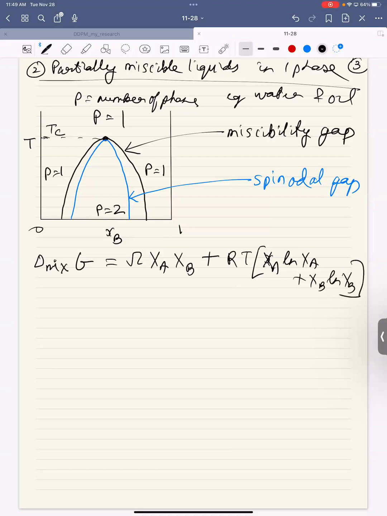And we are now interested in studying the system where omega is more than 0, right? So if there was no entropy, A does not really like B. If it mixes, it says, I don't like you, go away. It's only entropy which encourages mixing to happen.